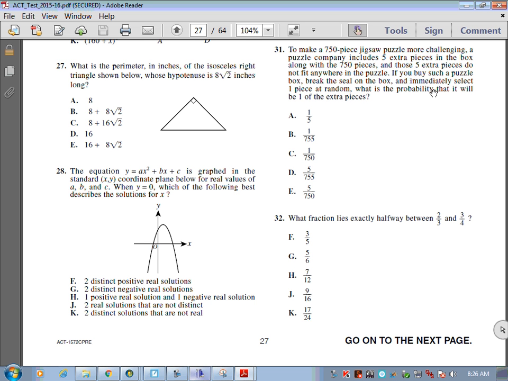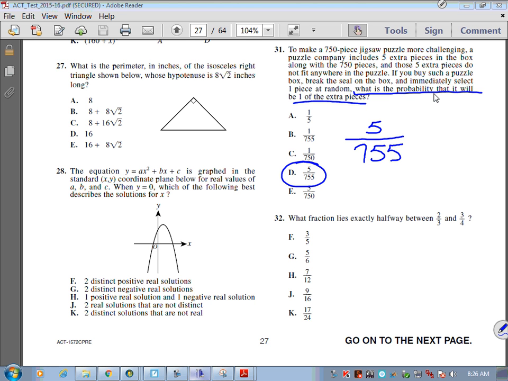So probability is number of desired over total. The question is, what is the probability that it will be one of the extra pieces? There are 5 extra pieces and 755 total pieces. So I get D for that. And that's fairly short and simple.